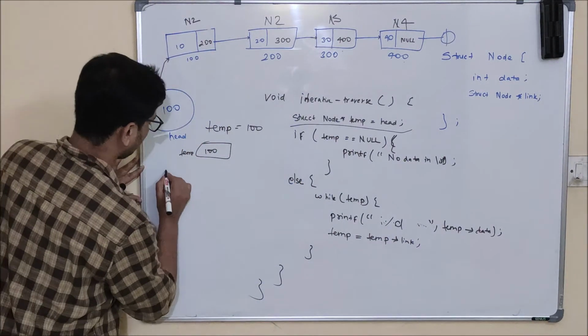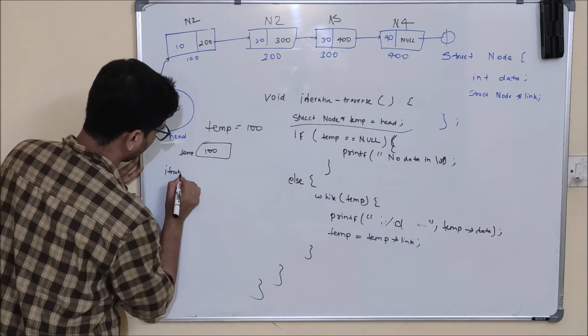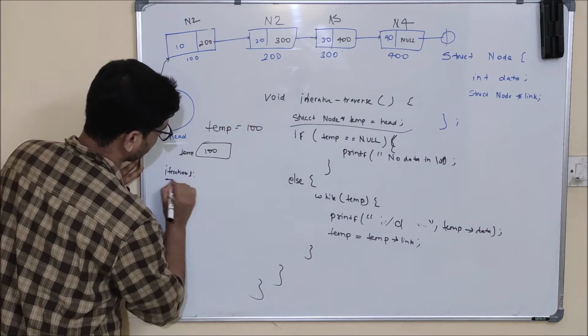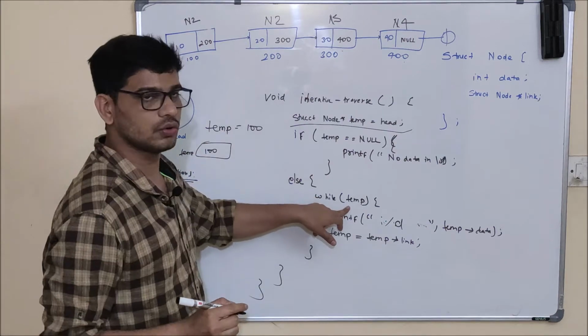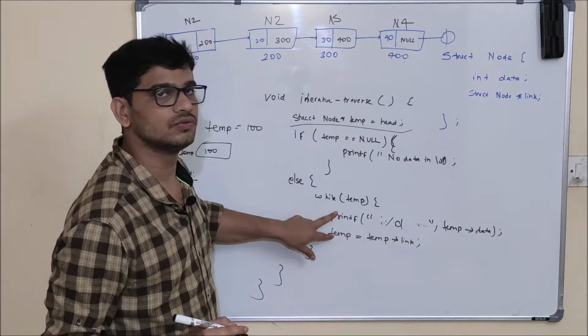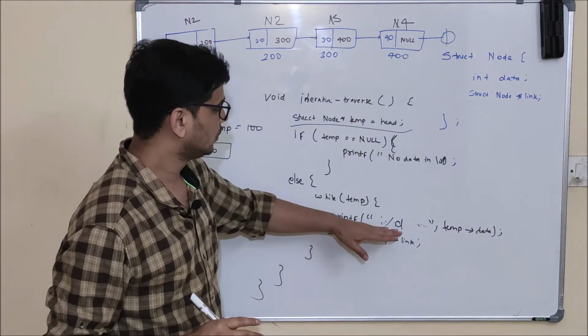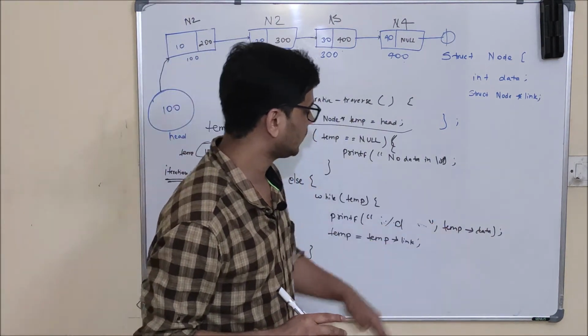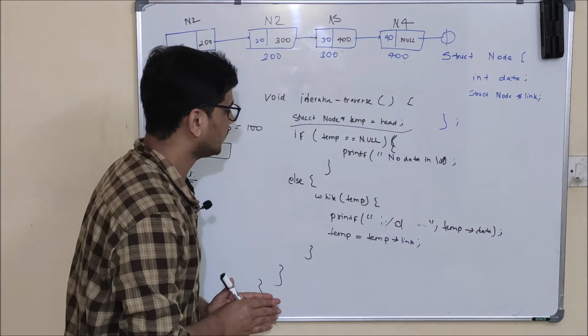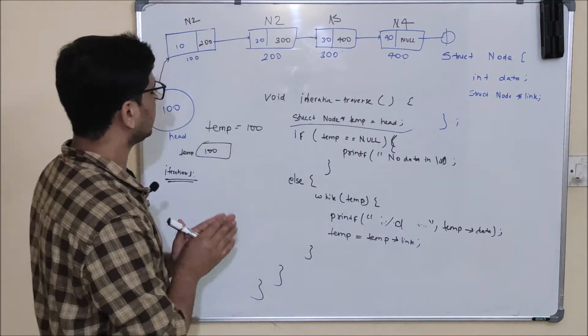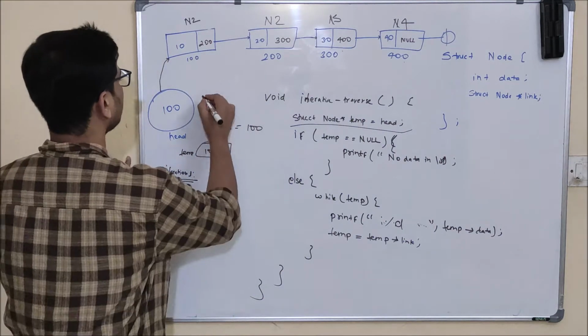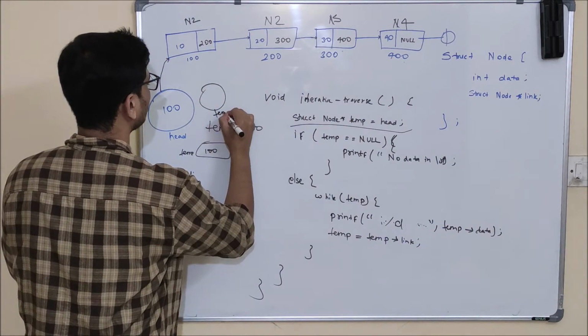So in iteration 1 what will happen? Iteration 1, our temp will be equal to 100. So these two lines will be executed as there is some value in this temp. So it will print temp dot data. What is temp containing right now? Temp is containing 100. Okay. This is our temp pointer.